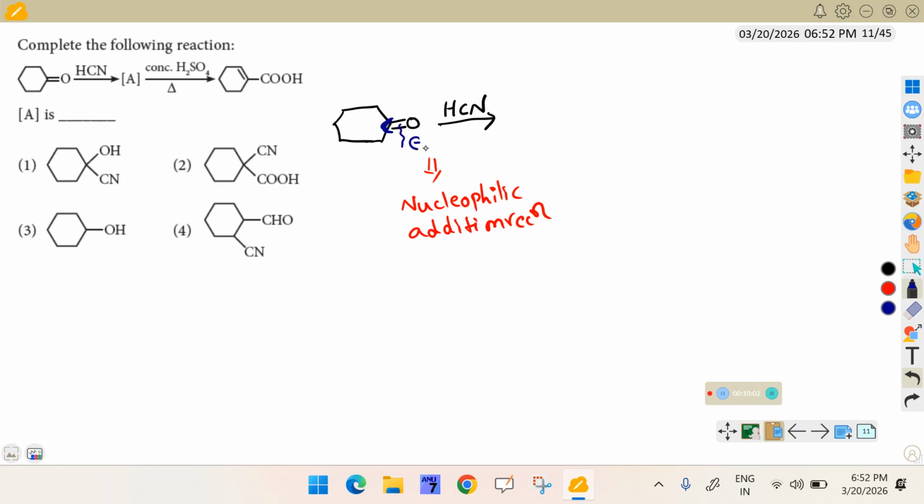Then oxygen gets negative charge, carbon gets positive charge. Break the bond between hydrogen and cyanide: hydrogen gets positive charge, cyanide gets negative charge. Cyanide moves towards the carbon side and hydrogen moves towards the oxygen side. Then it gives the cyanohydrin, OH and CN.